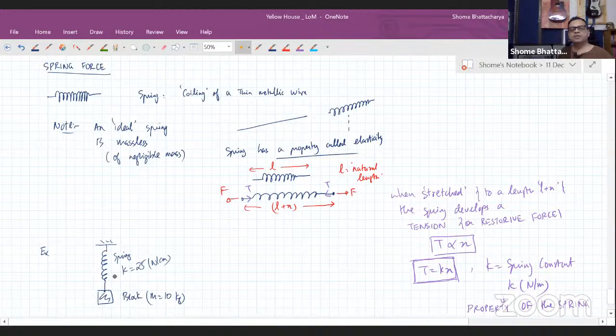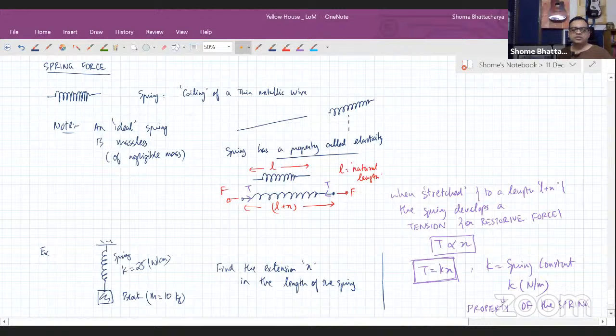So the spring might have a mass of few milligrams or something that's negligible compared to the mass of the block. So now we want to find the extension x in the length of the spring due to the weight of the block.